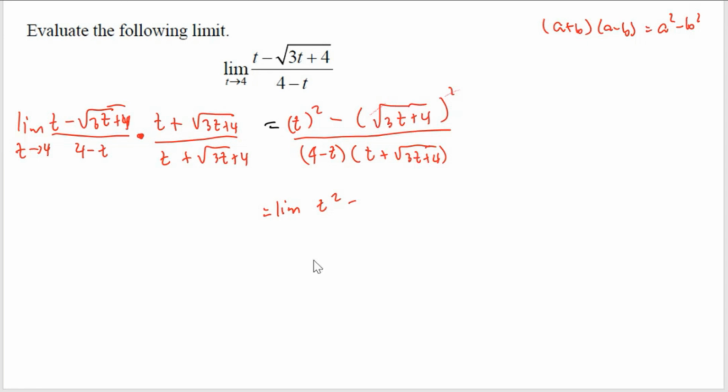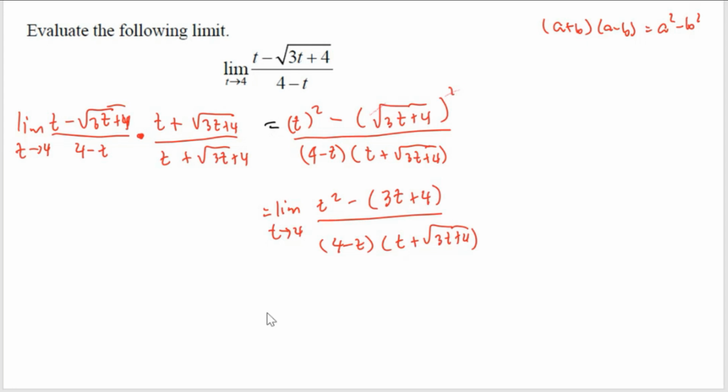So do not forget to write the quantity: the quantity of 3t plus 4 all over 4 minus t times t plus the square root of 3t plus 4. So no need to multiply using the FOIL method. Anyway, we are just going to substitute the value of t as t approaches 4.